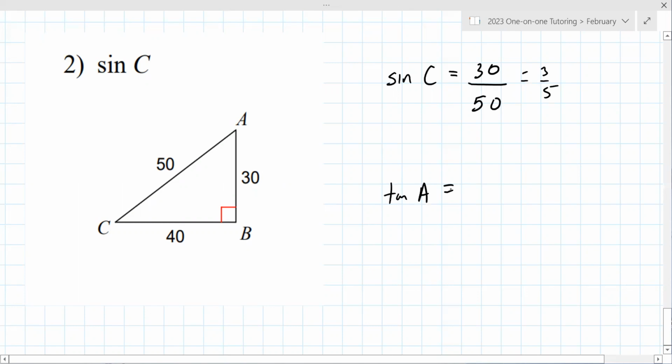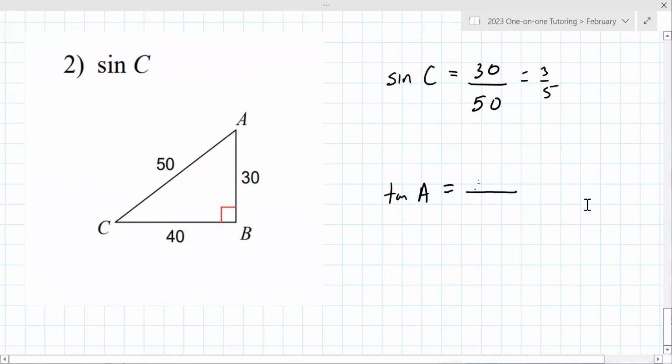Tangent of A is 40 over 50. How did you come up with that?